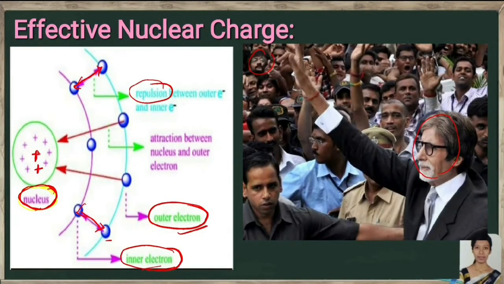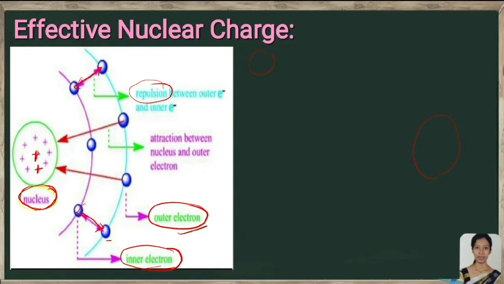Like this, the outer electrons are not able to experience the positive charge of the nucleus completely. That is why the amount in which the outer electrons experience the positive charge of the nucleus is nothing but the effective nuclear charge.